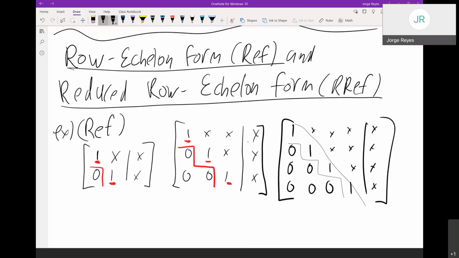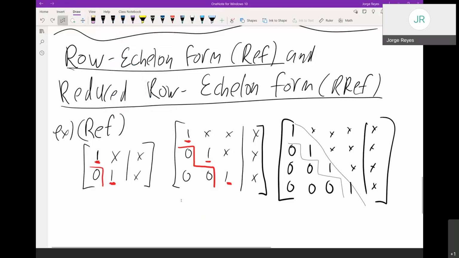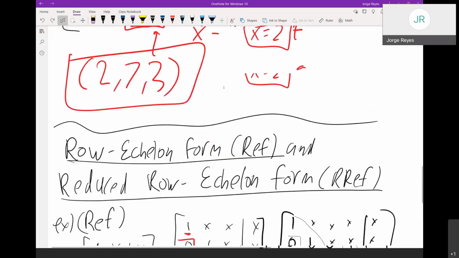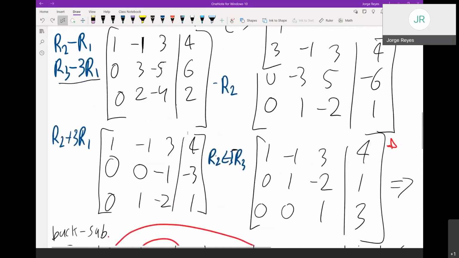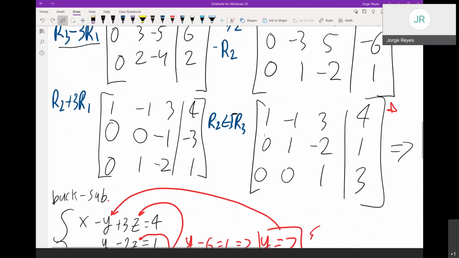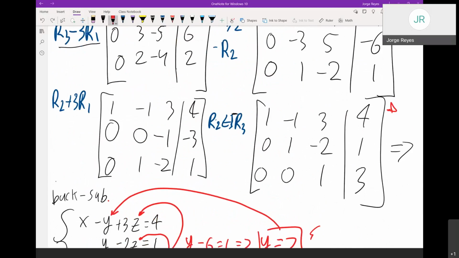So that's row echelon form, and we're going to want our system to look like row echelon form if we want to solve it the way I just solved it. Because if you look at the end, when I decided to go into the back substitution, you'll see that I actually did put it in row echelon form.